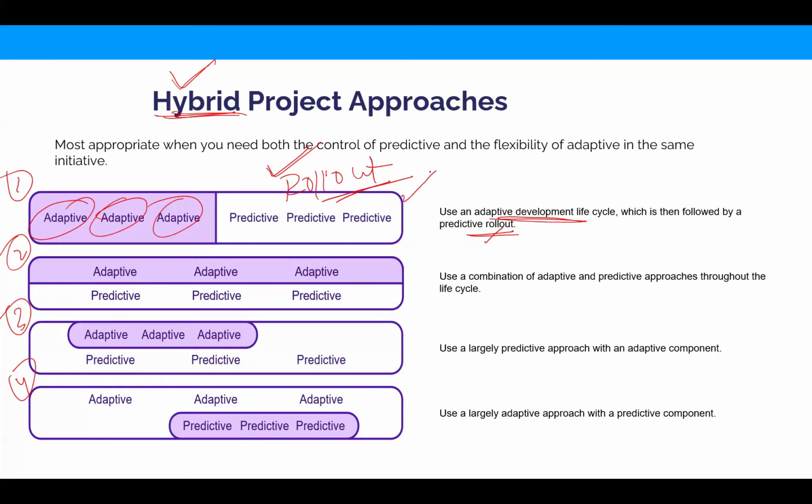More examples, 4 scenarios given. Look at the second scenario here. In this one, adaptive and predictive, both running together all through the life cycle. So here we are using adaptive or Agile for the product development, for building the product, for evolution of requirement, discovering feedback and all.